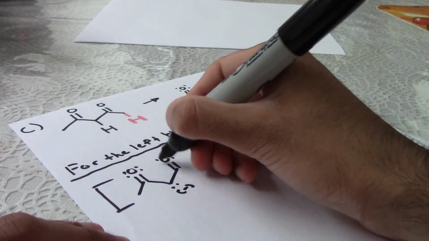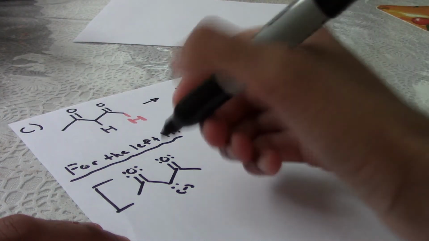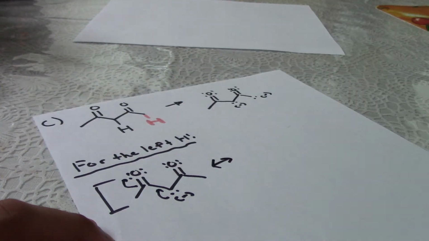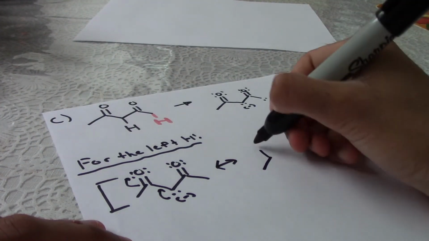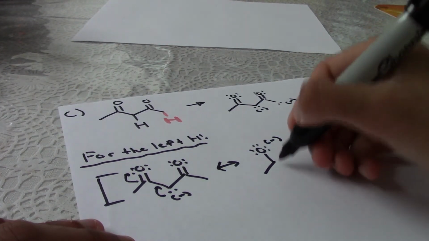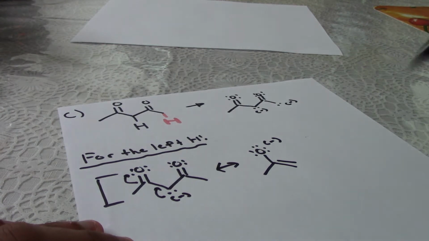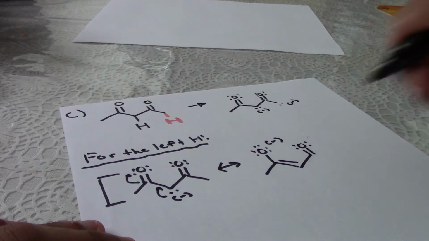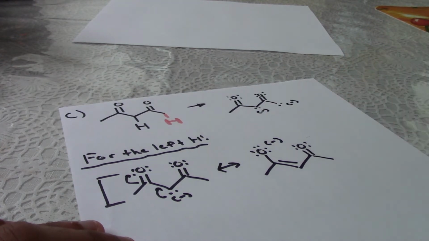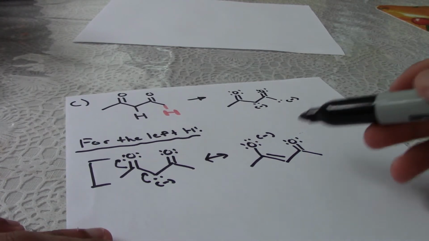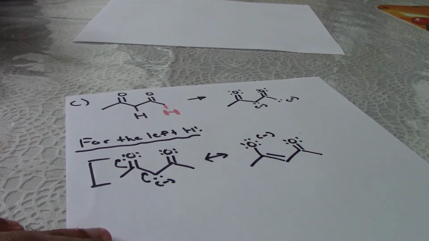So for the left hydrogen, let's just assume that the other hydrogen is not deprotonated, it's just left as it is. We have that resonance over there. And now you're not done yet, because if you've properly looked at this structure, you'll notice there indeed is another resonance structure that you can do.